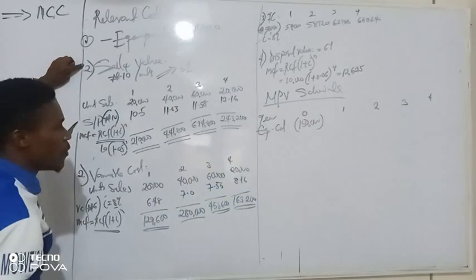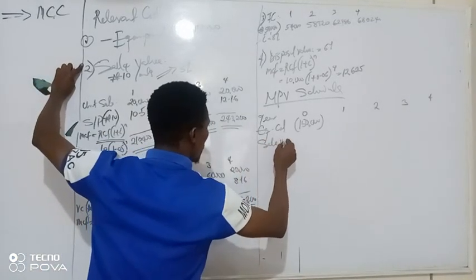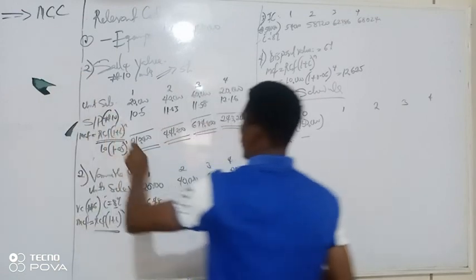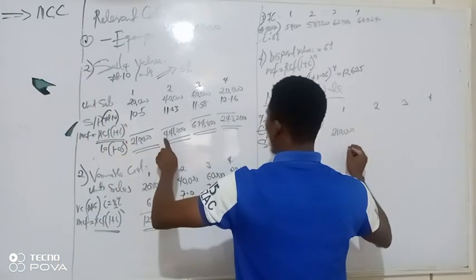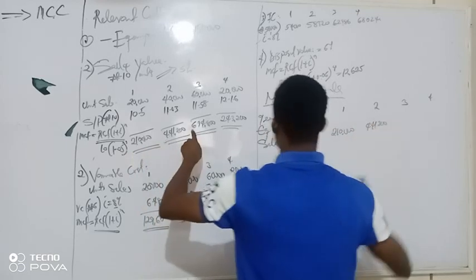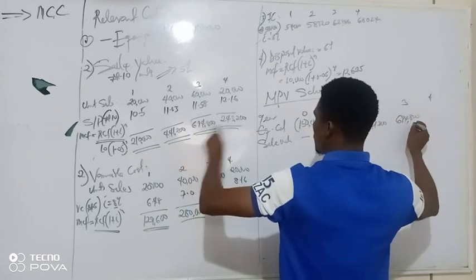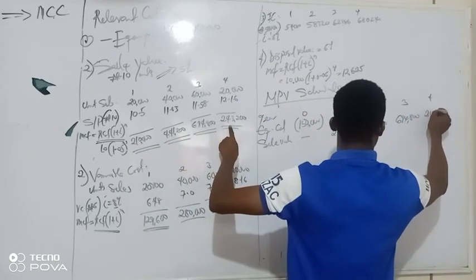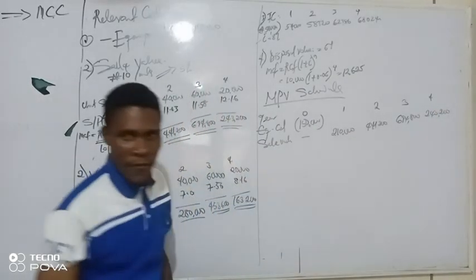Our sales value: year 1, 210,000. Year 2, 441,200. Year 3, 694,800, and year 4, 243,200. That's our sales value.